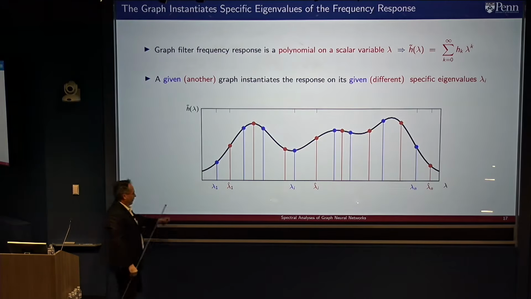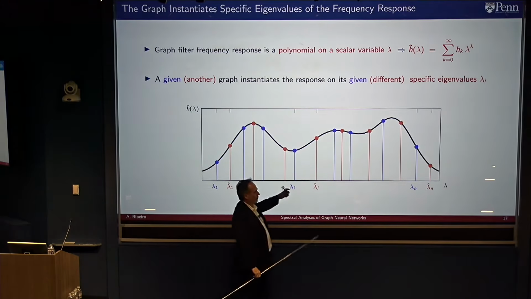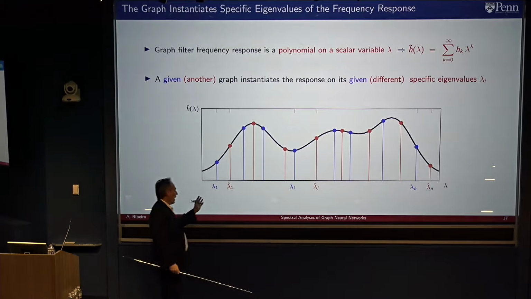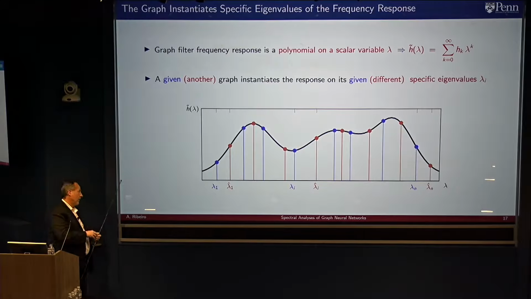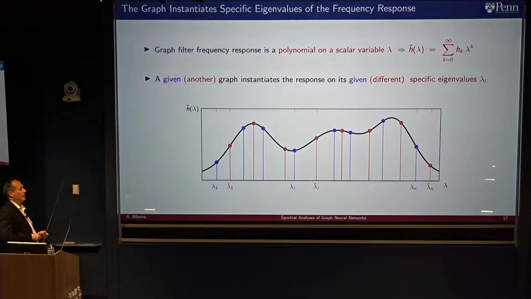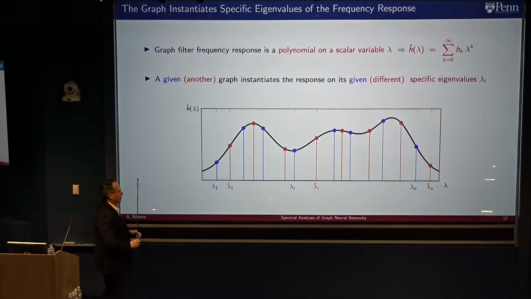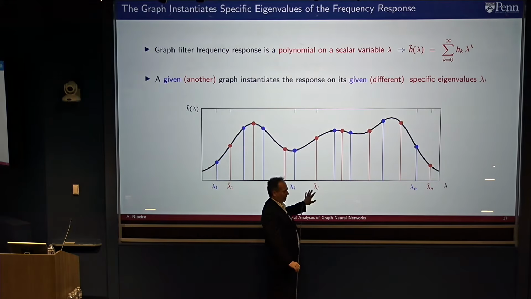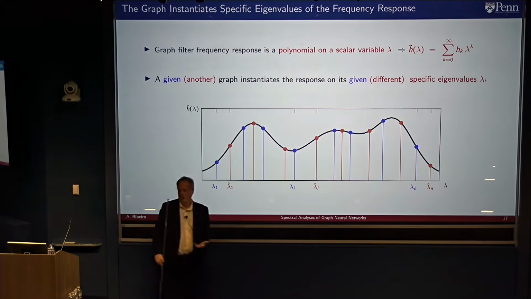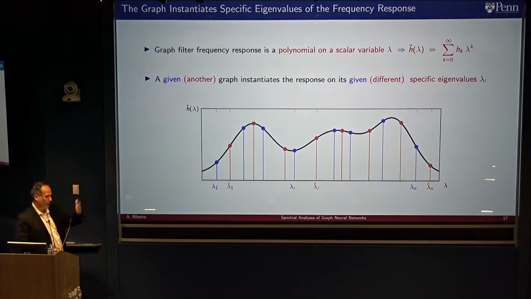What the graph does is instantiating a specific set of eigenvalues: lambda i's for the blue graph, and the red lambda i hats for the red graph. And you can see how I can utilize this to do stability and transferability analysis, right? What I need to do is somehow relate eigenvalues of different operators, and if I have relationships between eigenvalues of different operators, I can construct relationships between different filters.